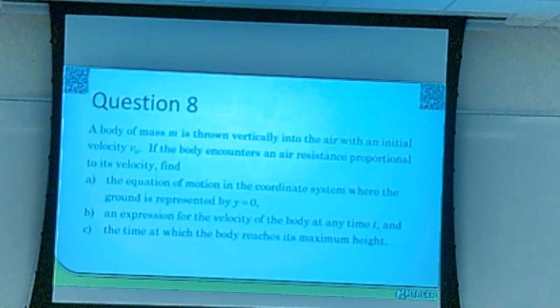So start again with a diagram. Right, there's our ground level.